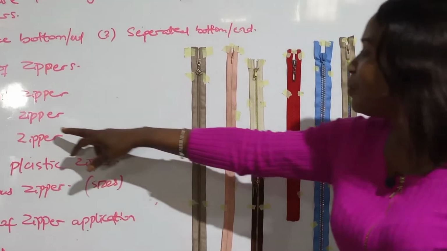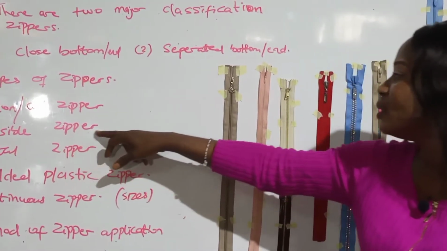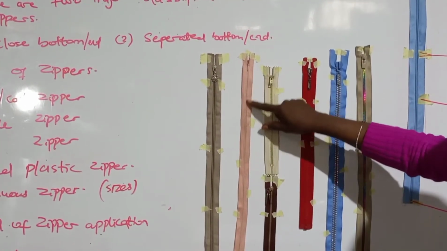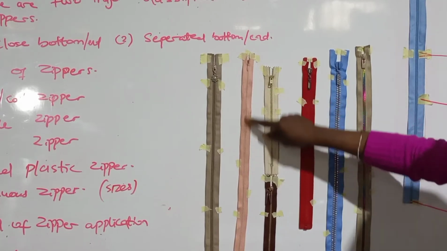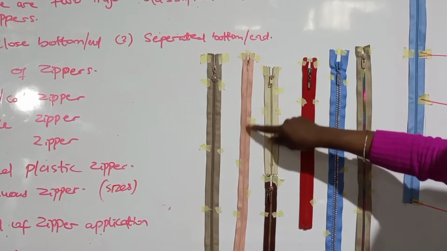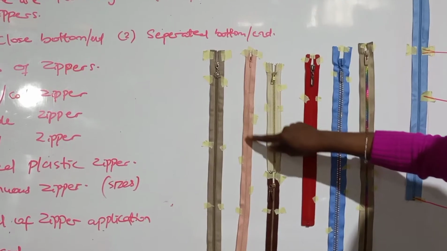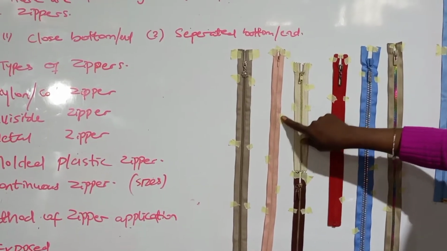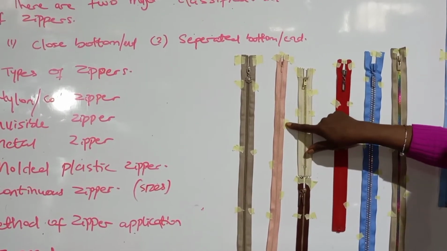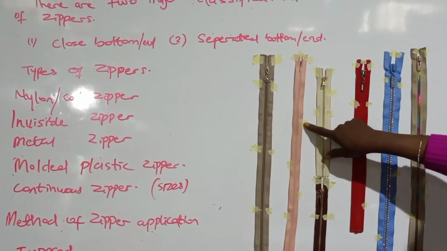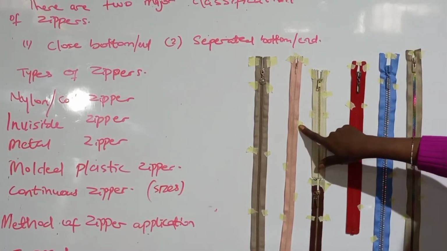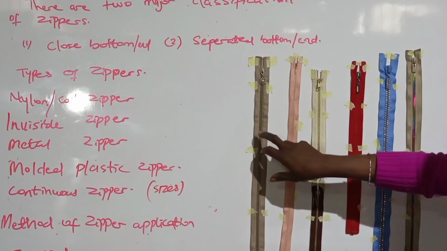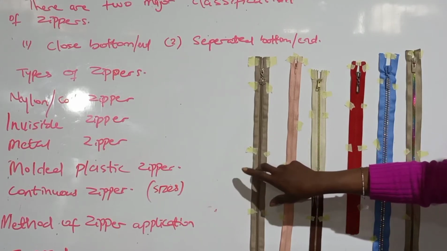The next type of zip we are looking at now is the invisible zipper. You cannot view the zip teeth at all. It's a very delicate zip. You find it in skirts, in trousers, and in garments generally. It's not ideal for anything that is heavy, like carrying luggage.